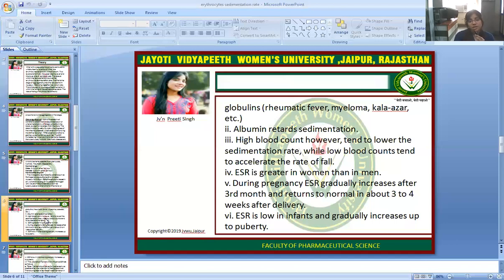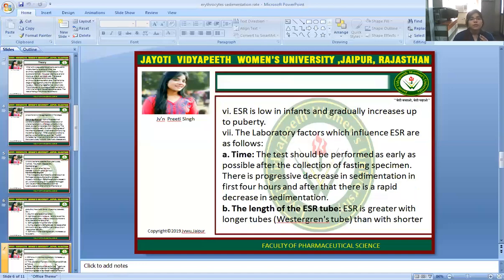During pregnancy, ESR gradually increases after the third month and returns to normal about 3 to 4 weeks after delivery. The sixth one: ESR is low in infants and gradually increases up to puberty.